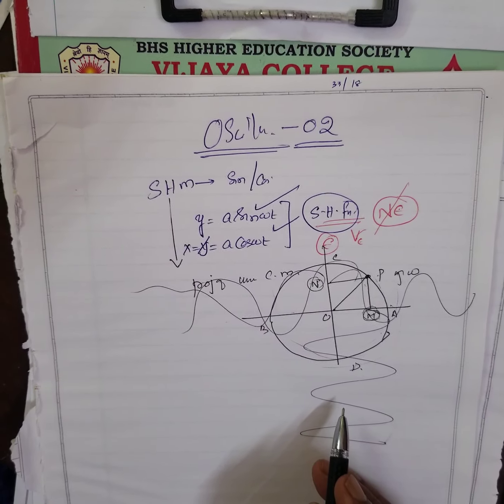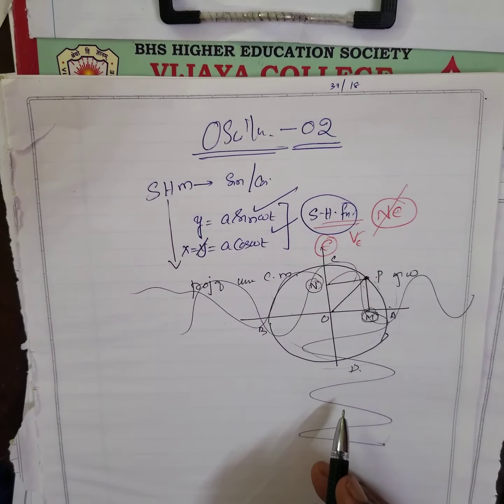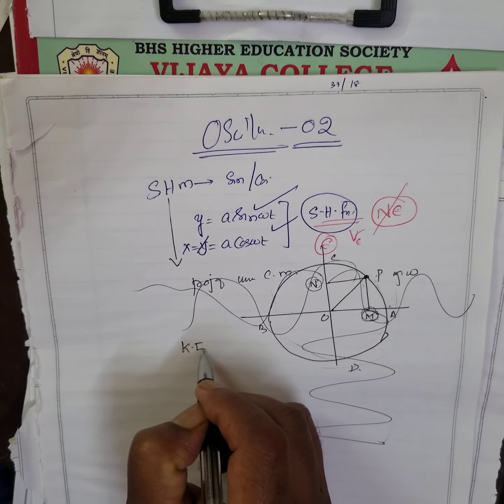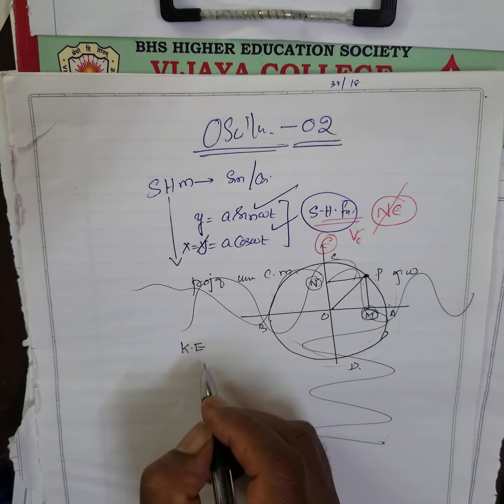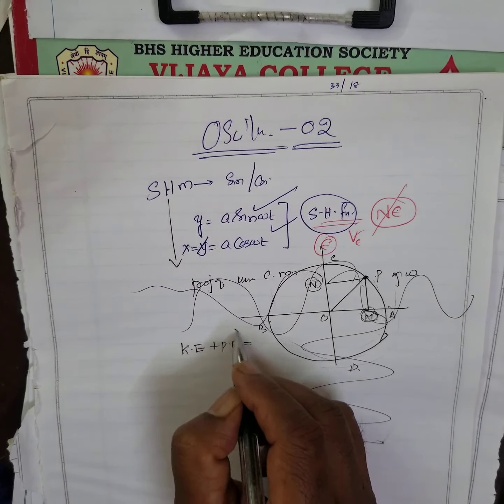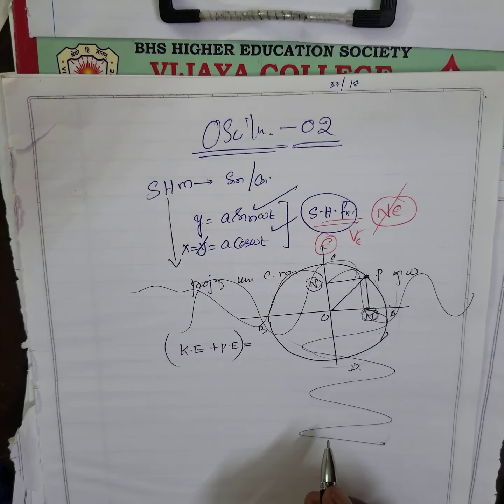Another thing is the frequency and kinetic energy of simple harmonic motion. See here, another question is about kinetic energy and potential energy. The sum of potential energy plus kinetic energy is always constant.